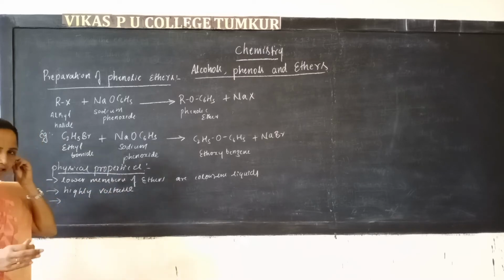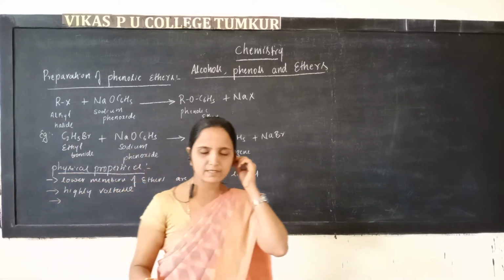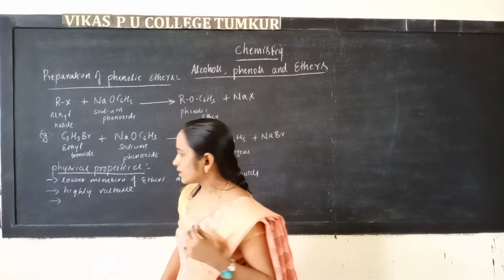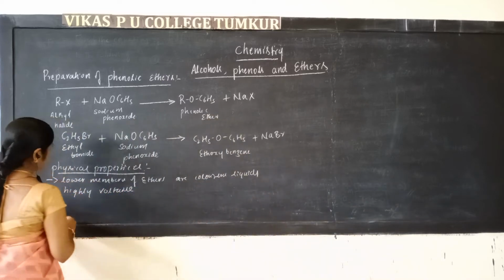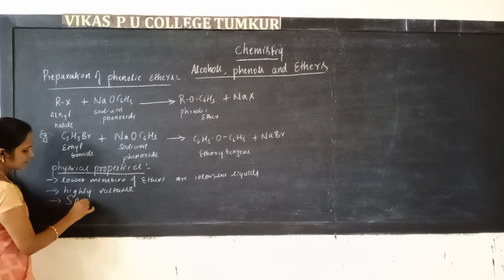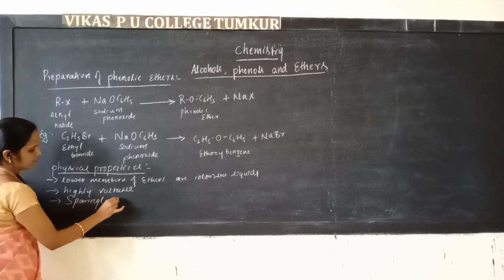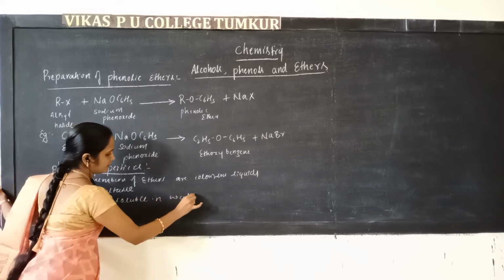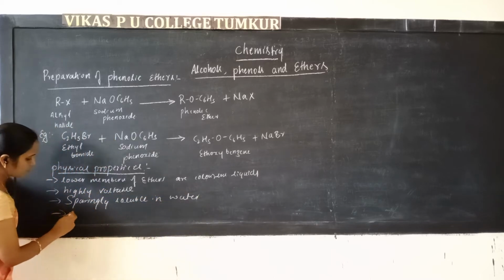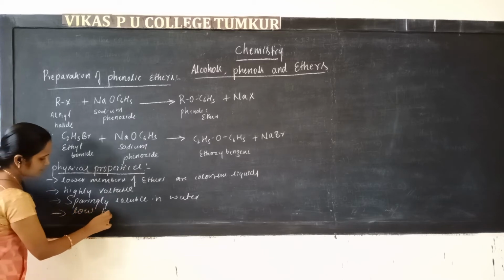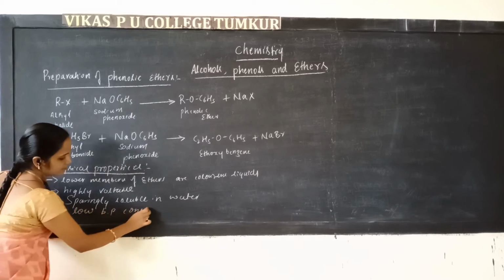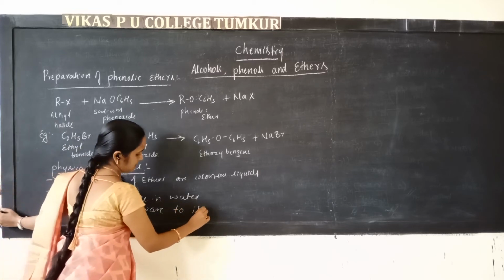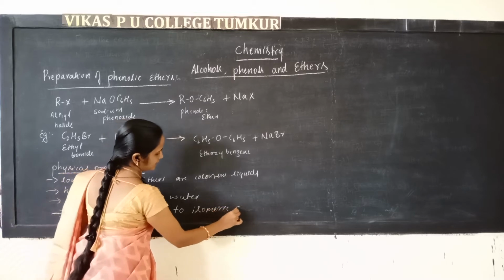Volatile means evaporating; it does not stay in the liquid state, it evaporates to the gaseous state. Ethers are sparingly soluble in water, and they have a low boiling point compared to isomeric alcohols.